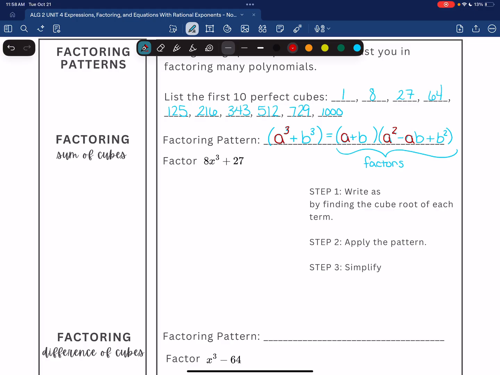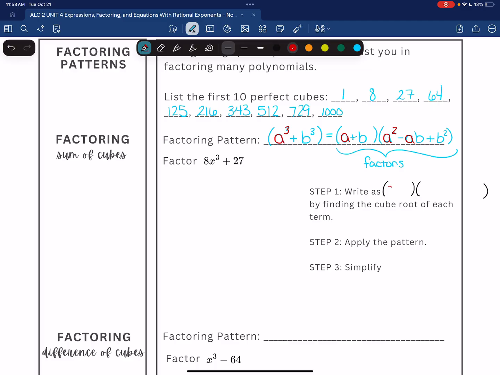So we're going to want to find the cube root of each of our terms. So we're going to want to write this as your A value. Let me get my black. There we go. I'm going to expand this out.